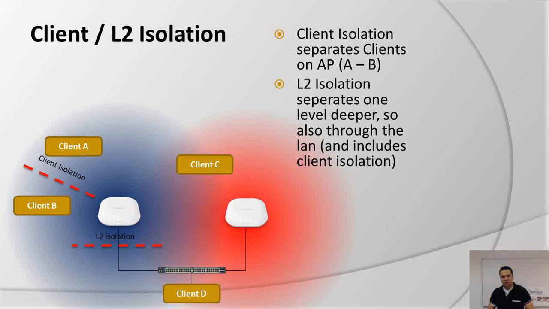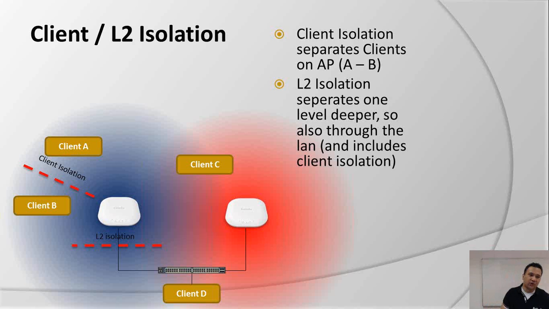If I explain it in a graphical way, client isolation, for instance, will isolate traffic between client A and client B, and still client A would be able to see client C, because client C is also connected to the LAN, and because of this bridge there's still traffic open.